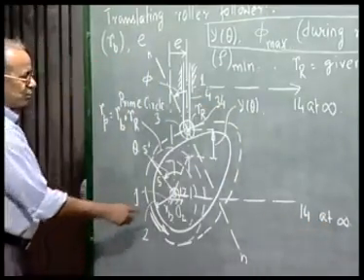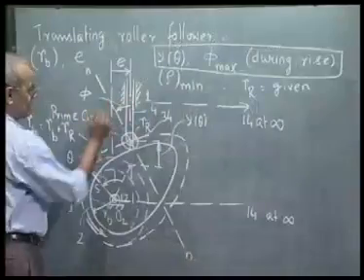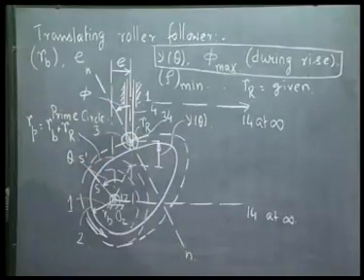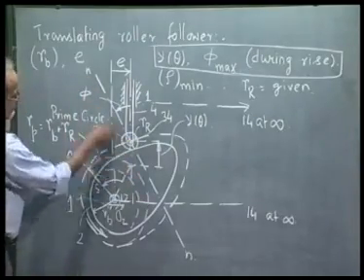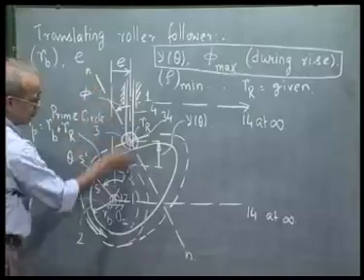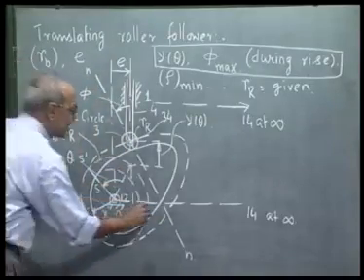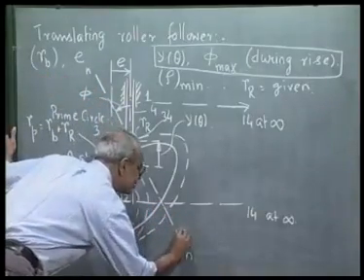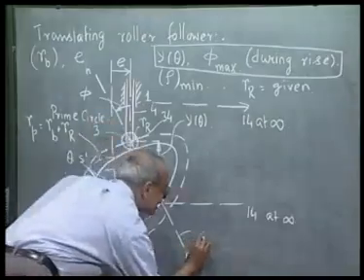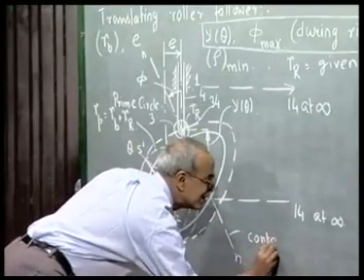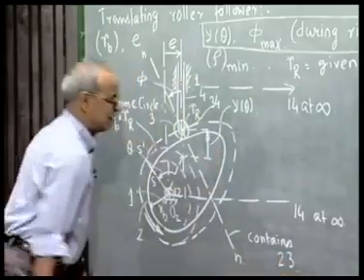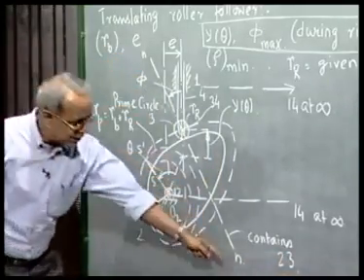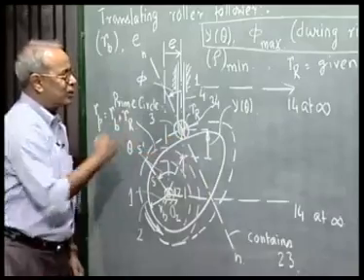Now we also know 2,3, between the cam and the roller, must lie on this common normal. I do not know where, but definitely it lies on this common normal. Where exactly it will be located on this line NN will depend on the amount of slip that is taking place.